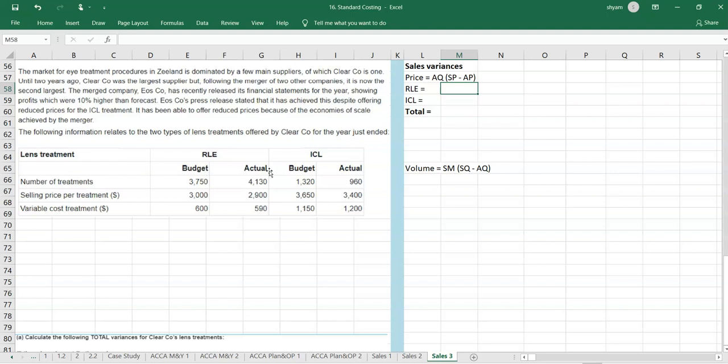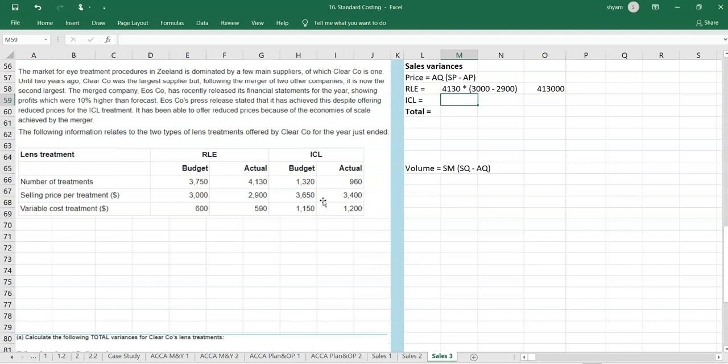The actual quantity of RLE is 4130 into standard price, so SP is 3000 minus AP is 2900. See, we got that.